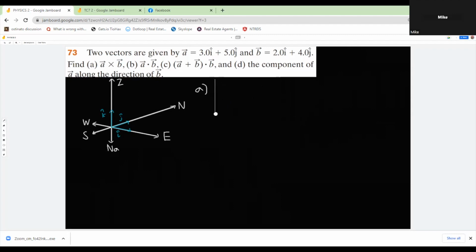Okay, so yung cross product is yung sa upper row IJK. Tapos yung sa second row yung components ng A. 3, 5, yung K component ng A 0.